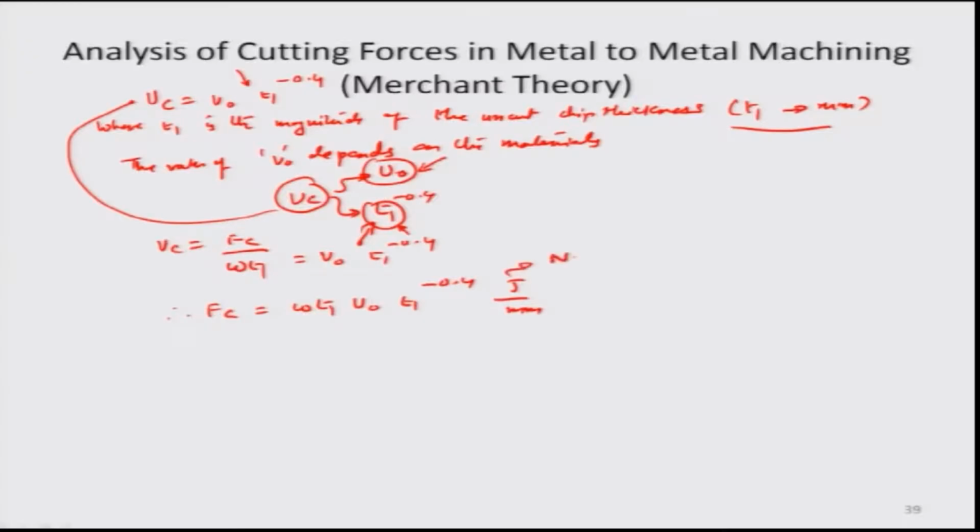This joule can correspond to Newton meter. You could represent this by changing this to 1000 Newton millimeter, and I can write this down as 1000 W T1 U0 T1 to the power of minus 0.4 Newton. Okay.